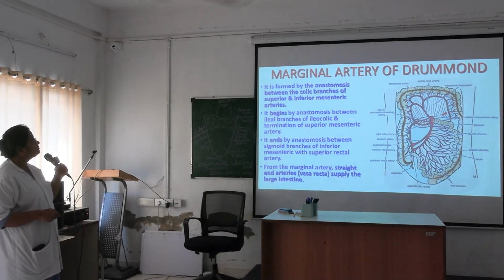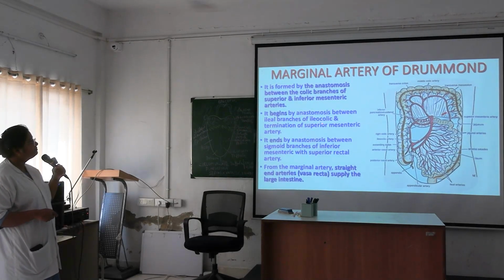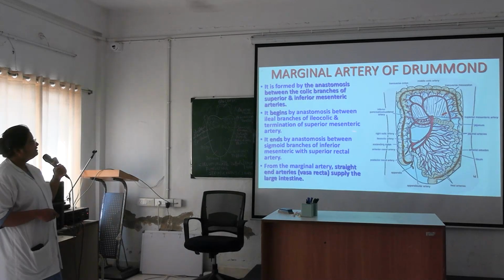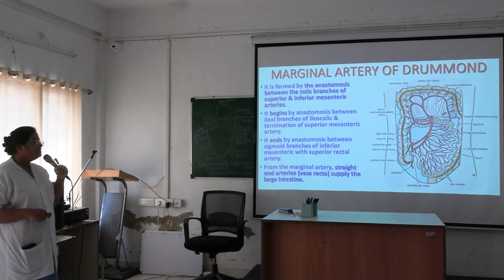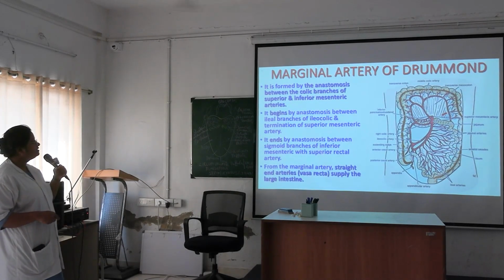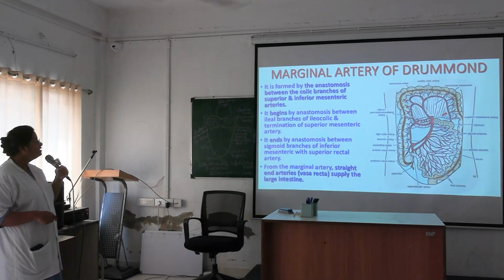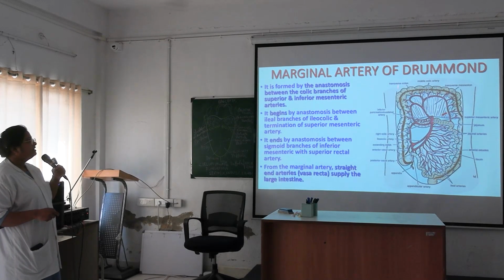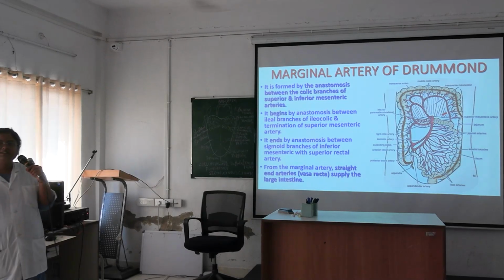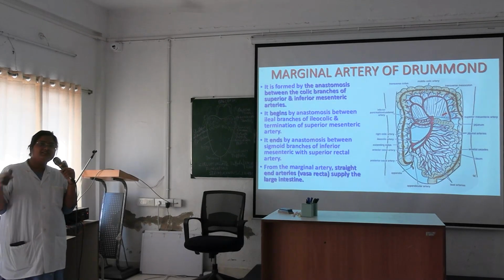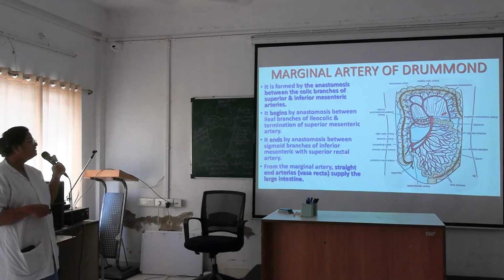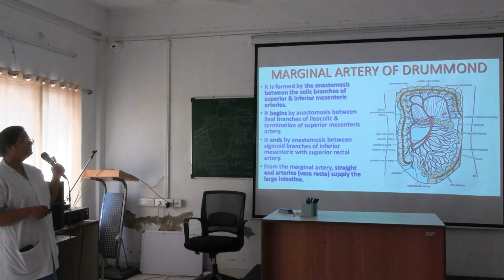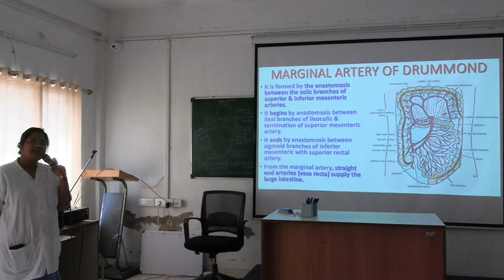It begins by anastomosis between the ileal branches of ileocolic and termination of superior mesenteric artery, and it ends by anastomosis between sigmoid branches of inferior mesenteric with the superior rectal artery. From the marginal artery, straight end arteries or vasa recta supply the large intestine. Like in the small intestine, where vasa recta arise from the arcades and supply the small intestine, here vasa recta arise from the marginal artery of Drummond and supply the large intestine.